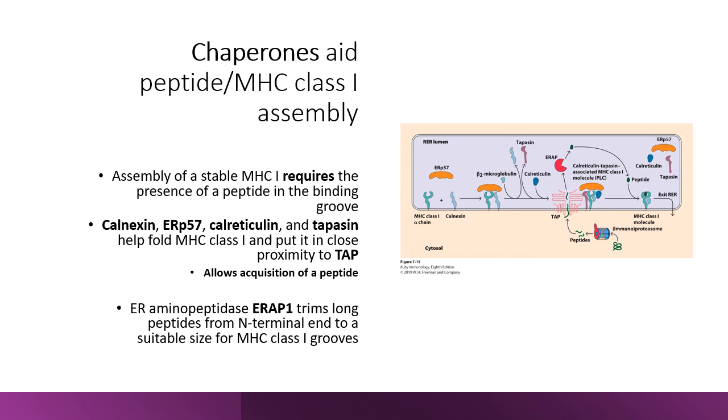These chaperone proteins help your MHC fold properly. Again, tertiary structure is going to be really important here. For MHC class 1, which is the one we're mostly worried about right now, you don't have an alpha chain and a beta chain, you've just got the alpha chain, beta 2 microglobulin comes later.